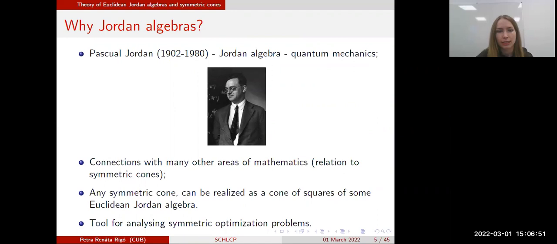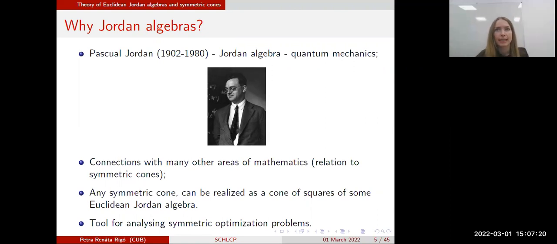So why do we need this? Jordan algebras were created to illuminate quantum mechanical observables, but it turned out that they have a strong relationship to other areas of mathematics as well. And for instance, we know about its connection to symmetric cones, because any symmetric cone can be realized as a cone of squares of some Euclidean Jordan algebra.